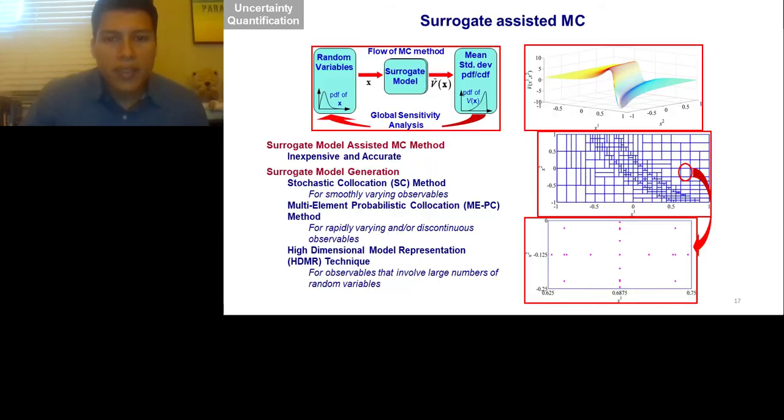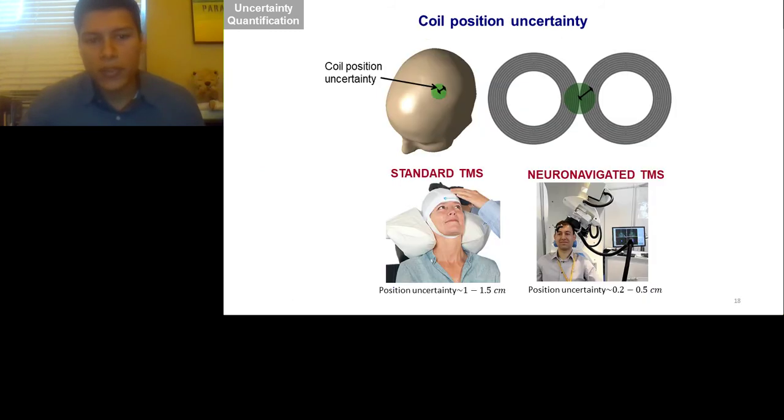Furthermore, for increasing number of random variables, we use what's called high-dimensional model representation techniques, which introduce decoupling between variables iteratively, thereby minimizing the total number of simulations required to achieve an accurate polynomial for high-dimensional problems. Okay, so now that you know all about my method, I'm going to show you some experimental results.